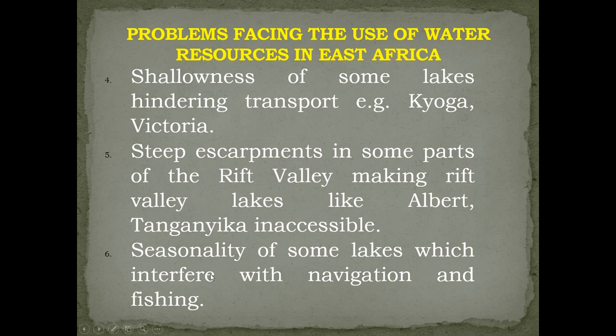Then some rivers are seasonal and some lakes are seasonal, and this prohibits navigation and fishing. It is interesting when you visit some parts of East Africa during the dry season. For example, if you went to Karamoja and Turkana during the dry season, you'll cross bridges, but when you look under those bridges, you don't see any water. So you may get amused and begin laughing.